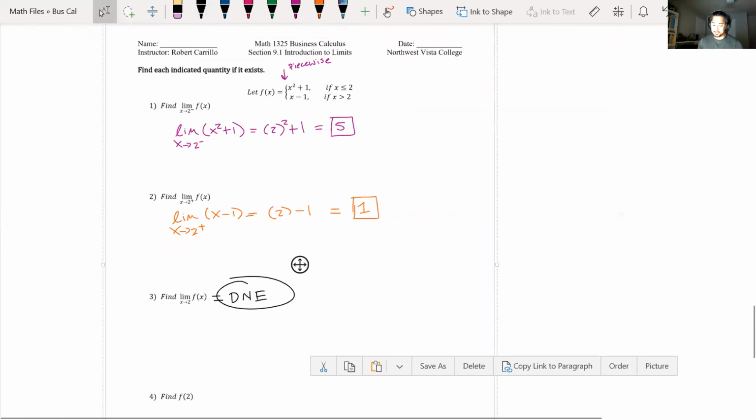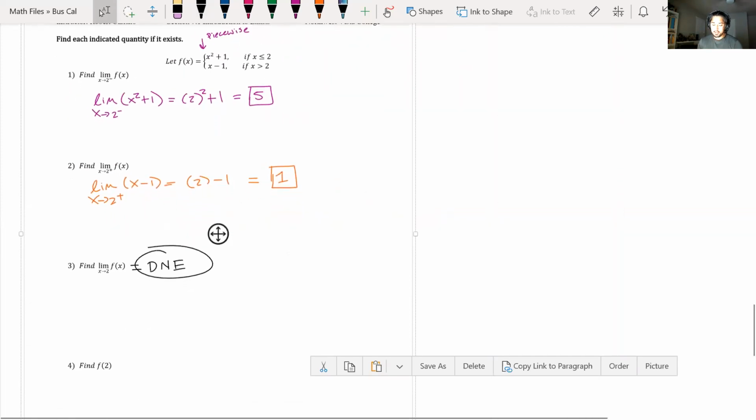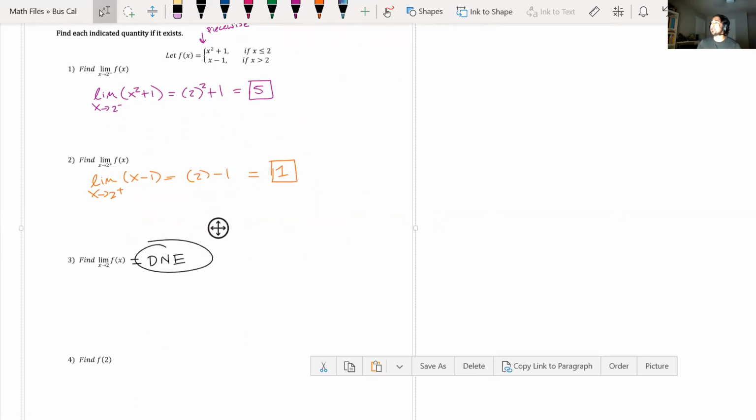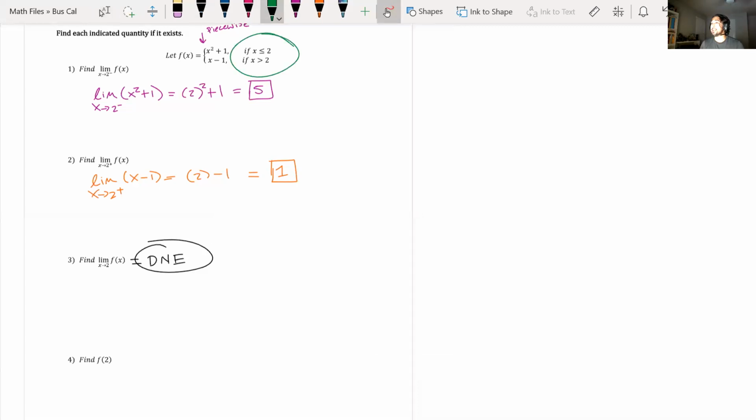That's everything we touched on today. And now my last question has nothing to do with calculus at all. It's again learning how to read function notation. Number 4 says, find f of 2. So this says, when x is exactly 2, what is the value of y? Now, do any of these restrictions allow x to be exactly 2? Yeah, the first one.